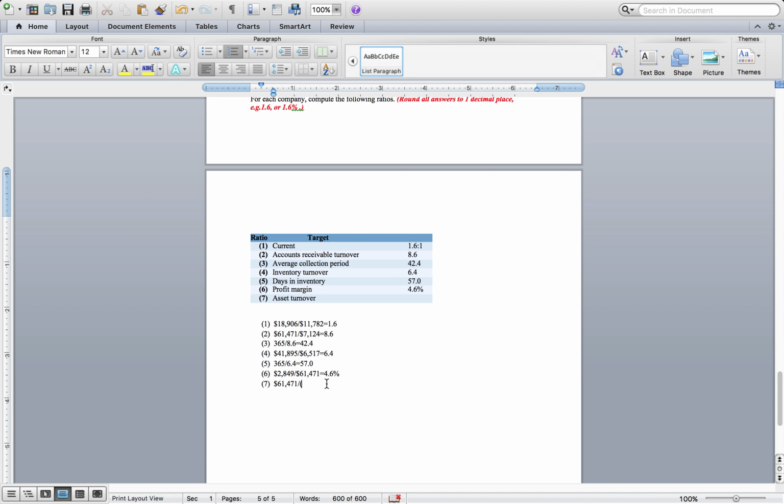So take the 44,560 plus the 37,349 divided by 2. When we do all that, that'll give me an asset turnover of 1.5.